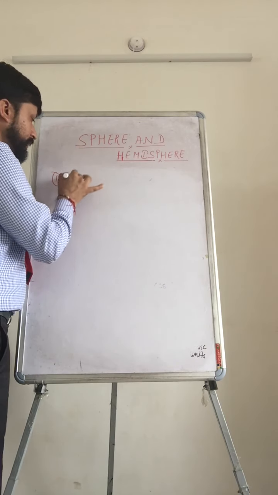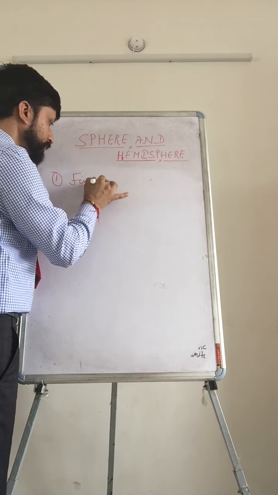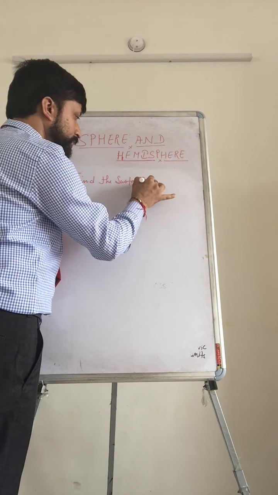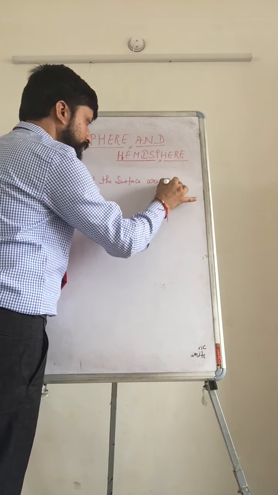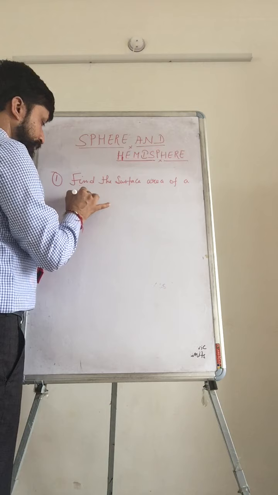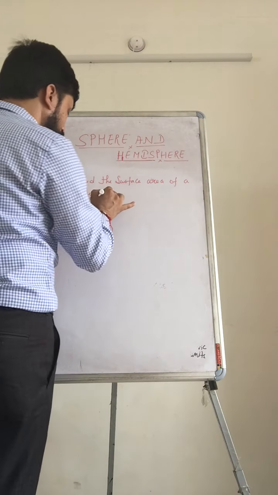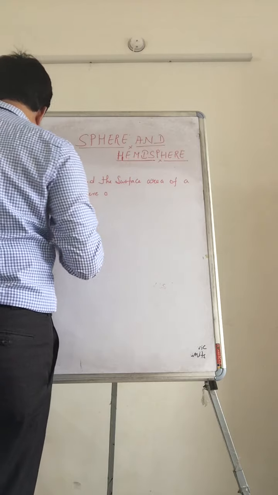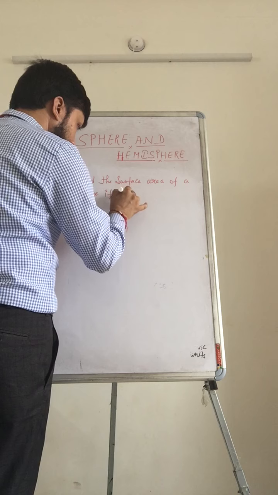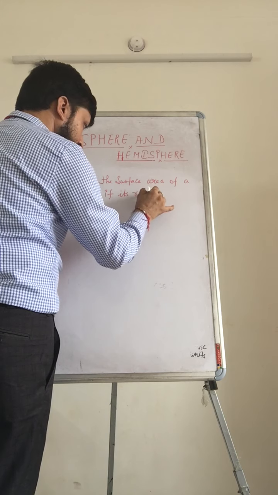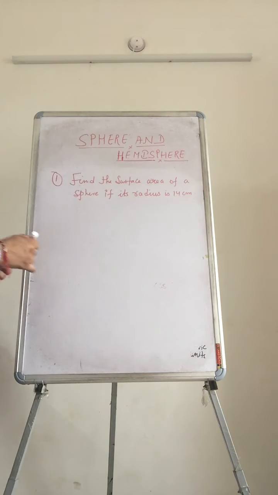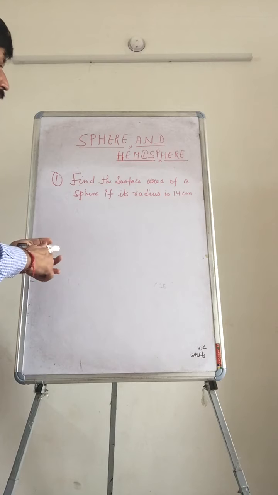Number 1, find the surface area of a sphere if its radius is 14 centimeter. First you will write what is given.